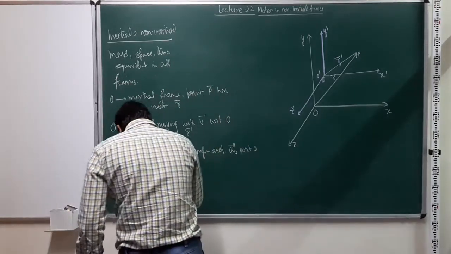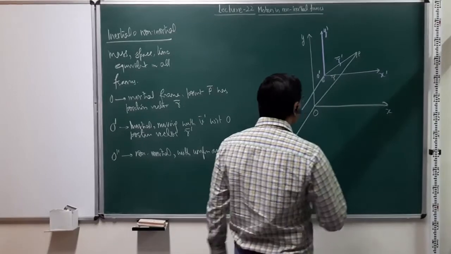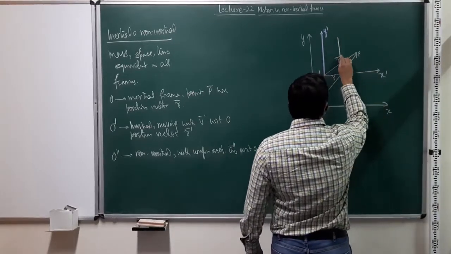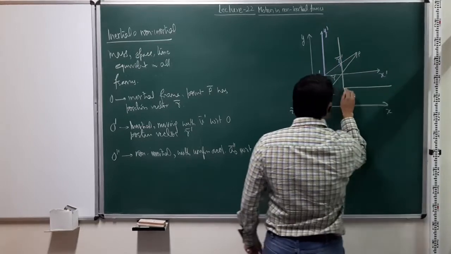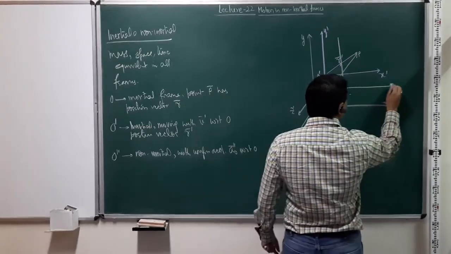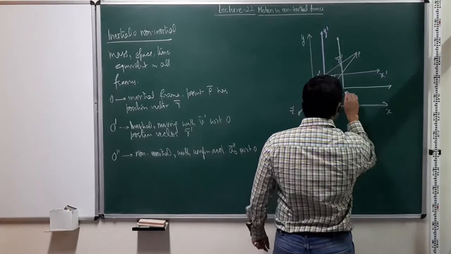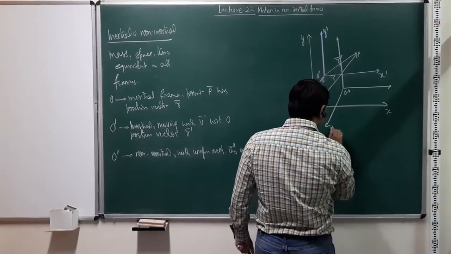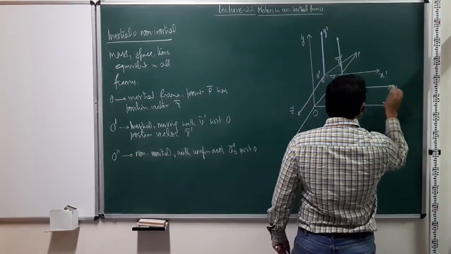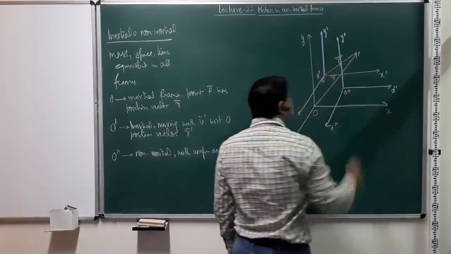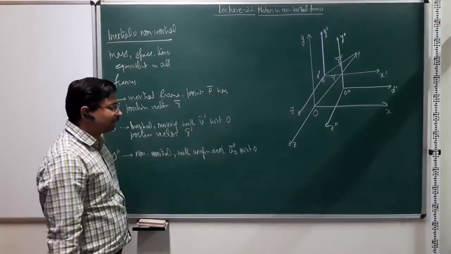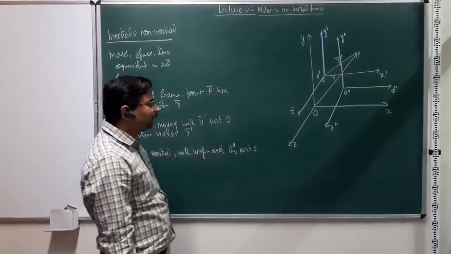So let's try to define this also, and I'm just going to define it arbitrarily. I can now define another reference frame, and as I said, orientation will not matter. So origin at O double prime, with axes X double prime, Y double prime, Z double prime, which will have their own unit vectors and a relationship between the coordinate axes and the unit vectors.